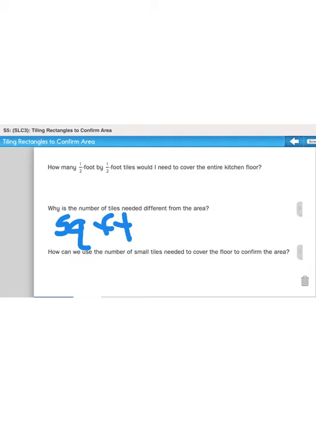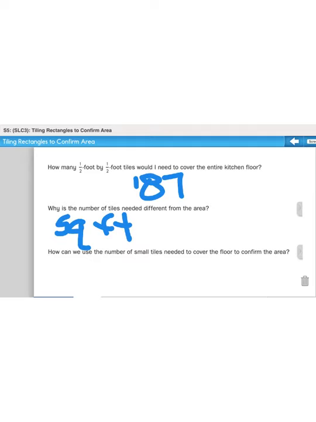How could we use the number of small tiles needed to cover the floor to confirm the area? Since 4 of the smaller tiles cover 1 square foot, we could divide the number of smaller tiles by 4. So, we said that it would take 187 half-foot by half-foot tiles to cover the area.